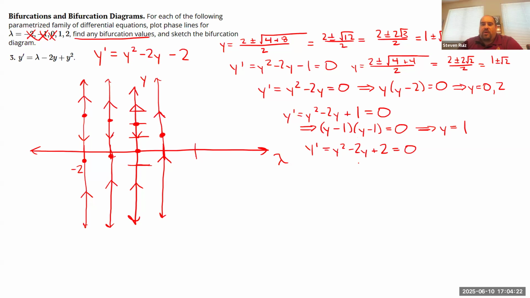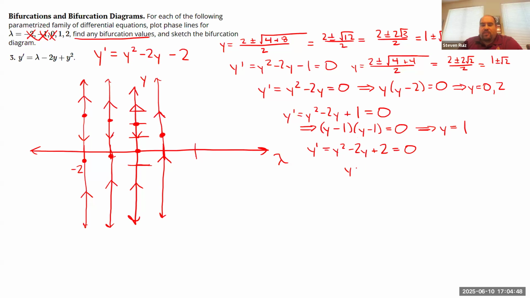Don't think it factors, so we'll go quadratic formula. And in anticipation of what's about to happen, when I'm drawing these bifurcation diagrams, these are all real values of lambda, real values of y. So if I get imaginary roots for y, then we're done.